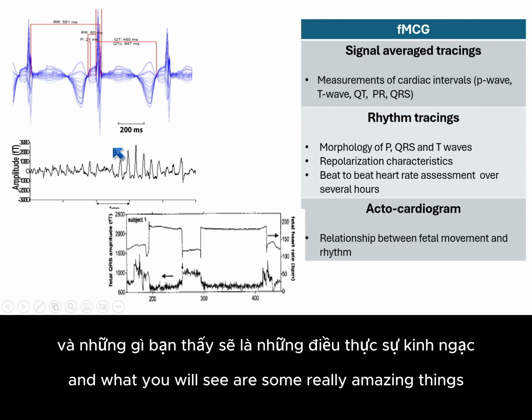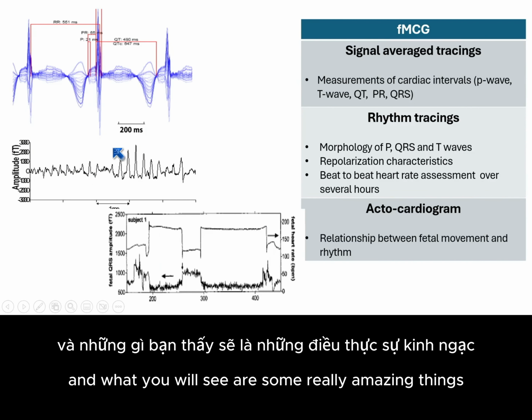You can do a signal average tracing, which is this over here, so it's multiple QRS complexes, and you can see the P wave here. You can see the QRS. You can also measure the repolarization. You can measure the QT interval, which, as you know, is impossible by echo. And in this fetus, the QTC was 647 milliseconds, so this fetus does have long QT syndrome.